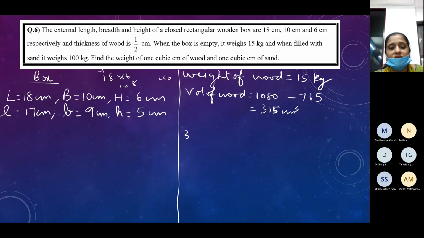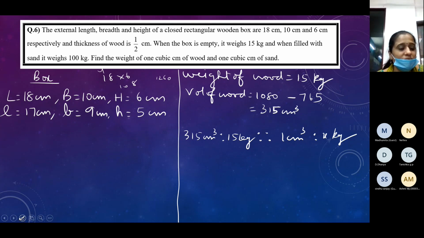If 315 centimeter cube is the volume, the weight is 15 kgs. If 1 centimeter cube is the volume, what is the weight? Do we understand this? So that answers the first part of the question. Find the weight of 1 cubic centimeter of wood.